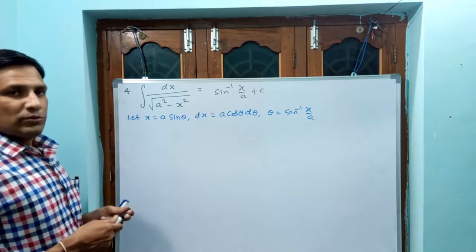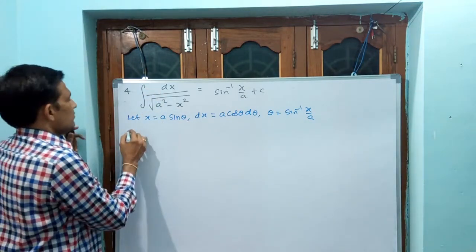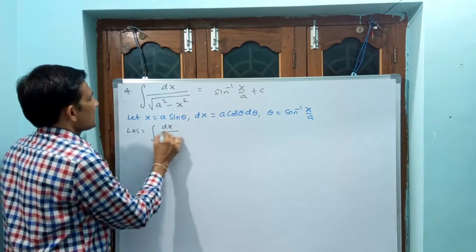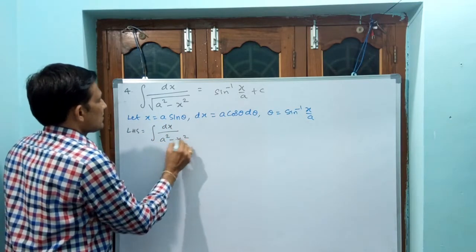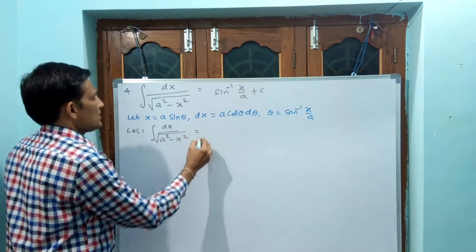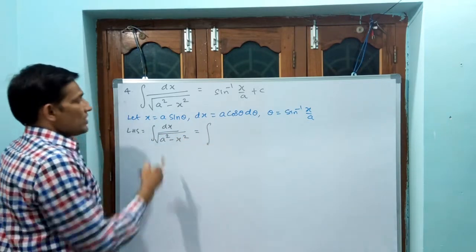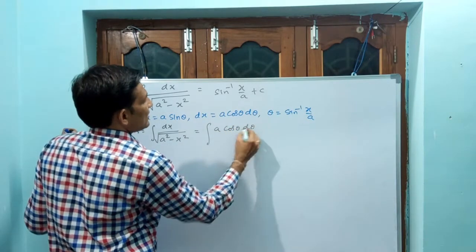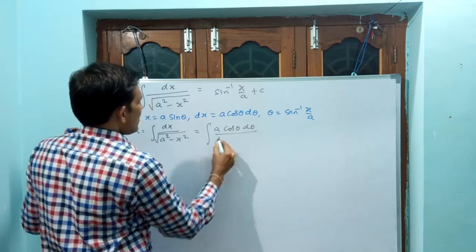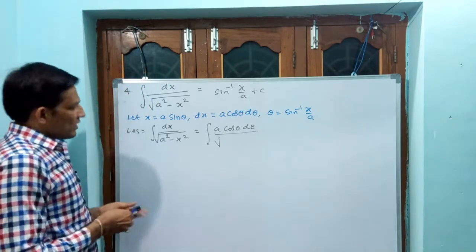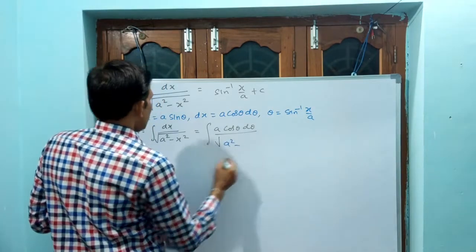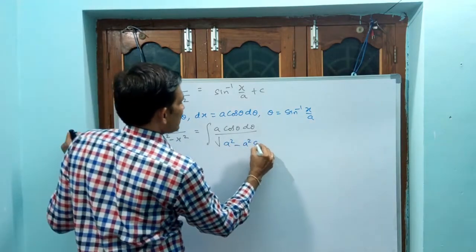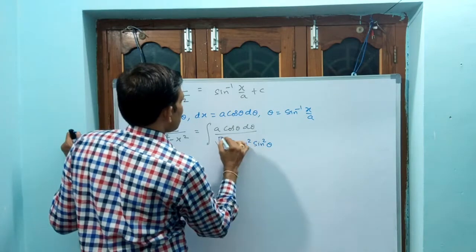But first you transfer this. You see, LHS is equal to integral dx by square root of a square minus x square, which is equal to integral, where dx means a cos theta d theta, divided by square root of a square minus x square, where x square means a square sin square theta.